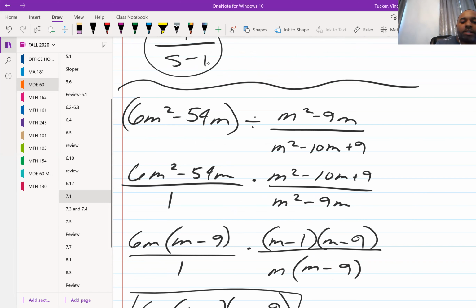That left me with m minus 9 in the parentheses. This was a resulting factorization of the trinomial, m minus 1 times m minus 9. And then here, factor out m from each term. That leaves you with m minus 9 in the denominator.